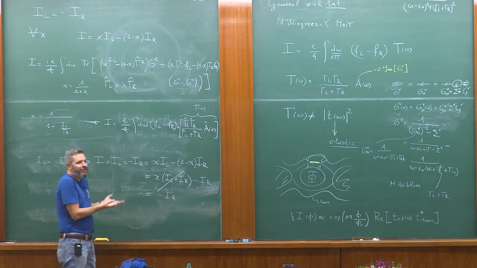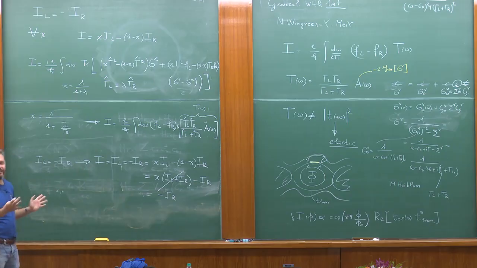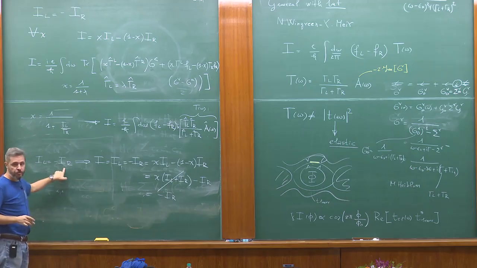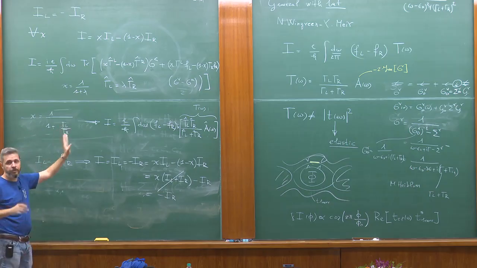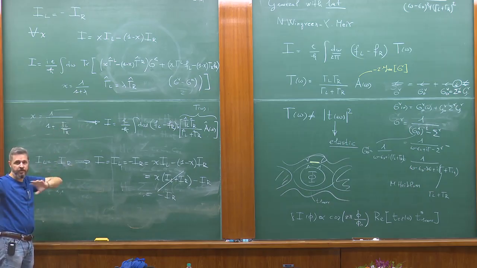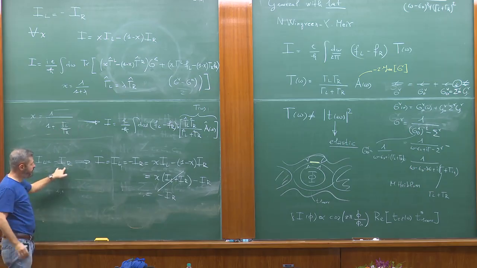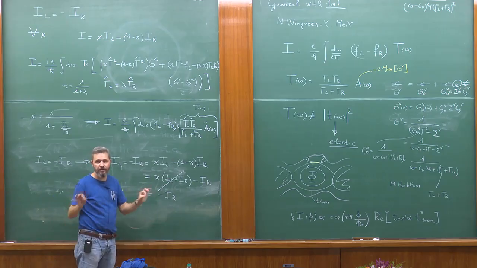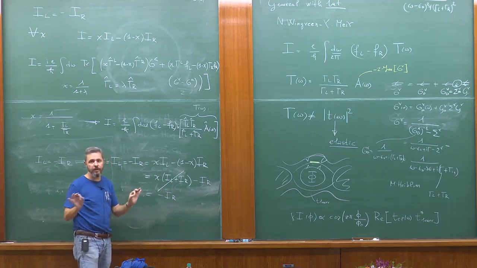So it's a tautology, I'm just writing a tautology. Provided, and this is something I didn't show, you have to trust me on this, or if you want you can check it with the Keldysh formalism, that this is true, then this linear combination will give you the same current for every real x.